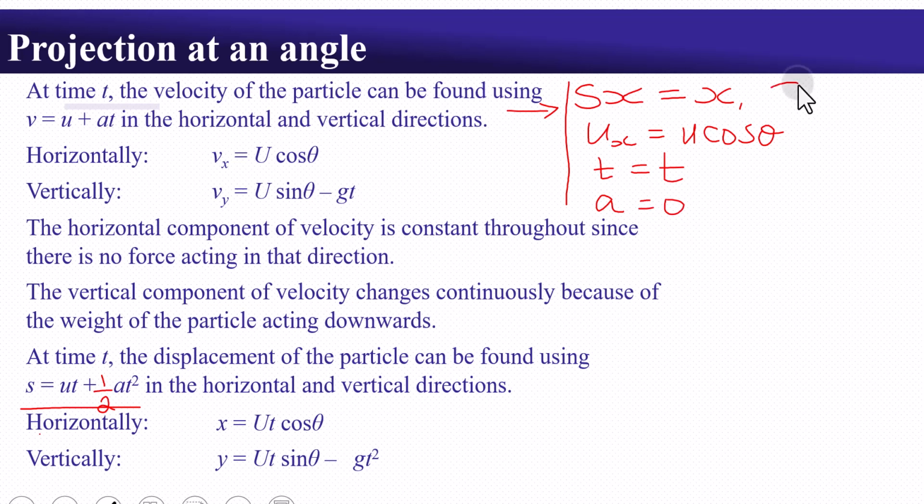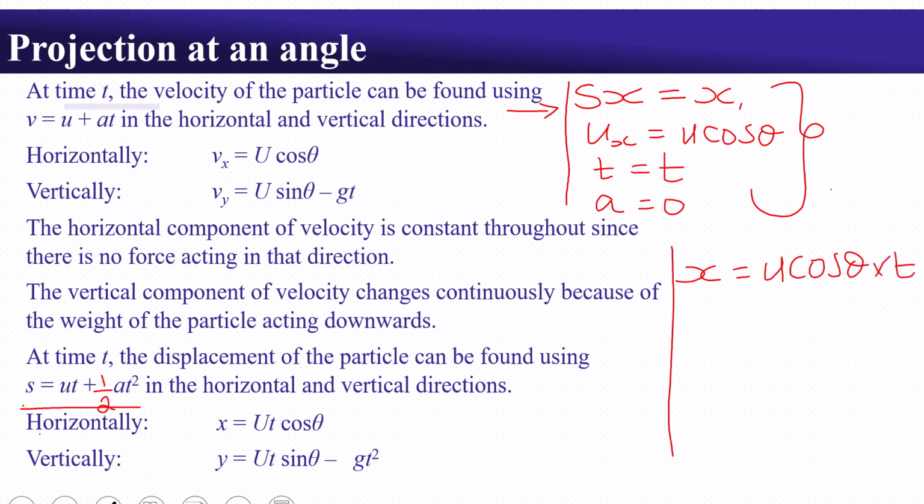So if you substitute this into the second equation of motion, our s is x equal to u, our u is u cos of theta, times t, and then the rest will be 0 because acceleration is 0. So you now come up with what is here.